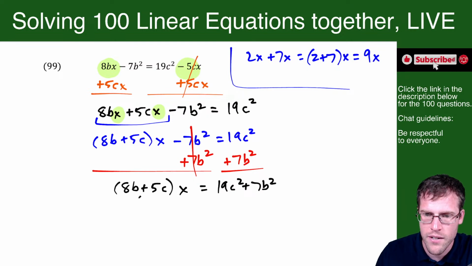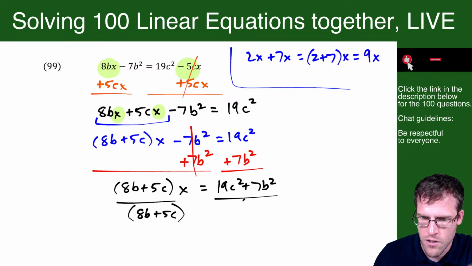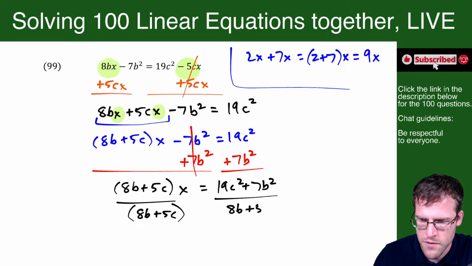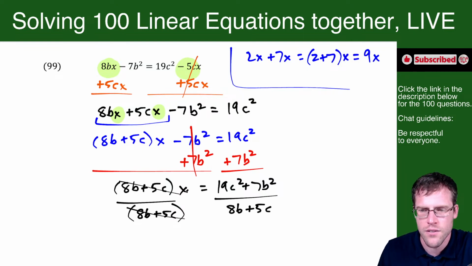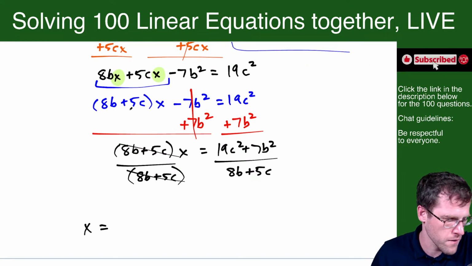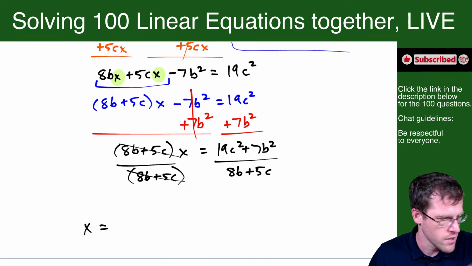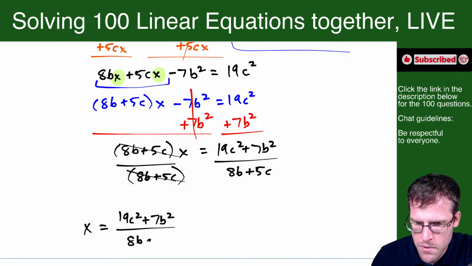To solve for x, we divide by this entire expression, 8b plus 5c, on both sides. I don't have to put parentheses on this side; I'm doing it on this side so we can see the factors canceling. So now we get our solution, x equals. For question 99 here, we have 19c squared plus 7b squared over 8b plus 5c.